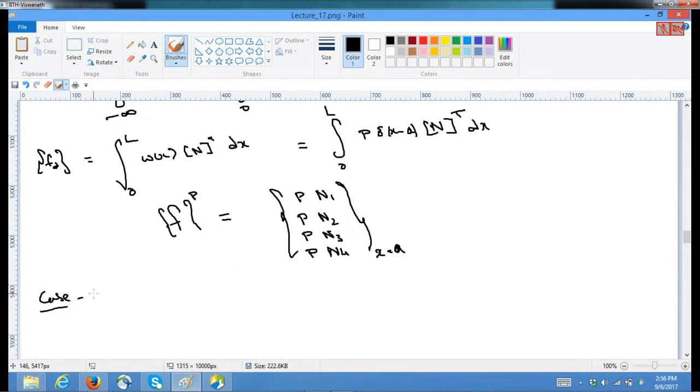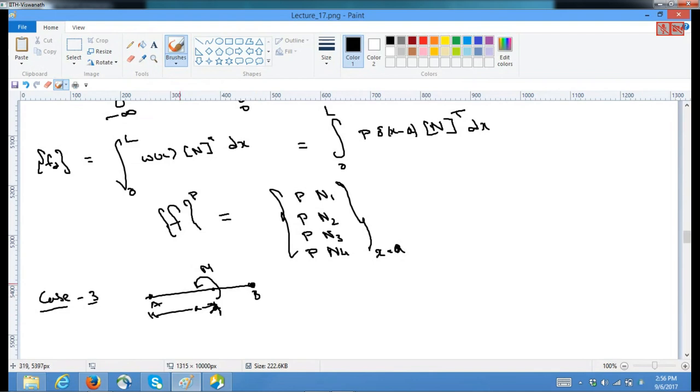Now the next case, case 3, is what happens if you have a point moment at a distance a from the end of the beam.